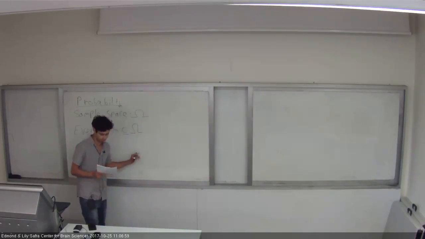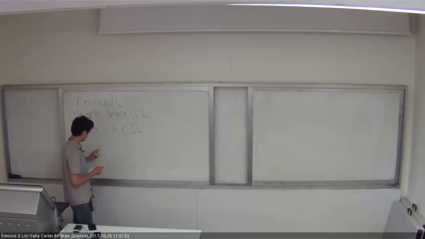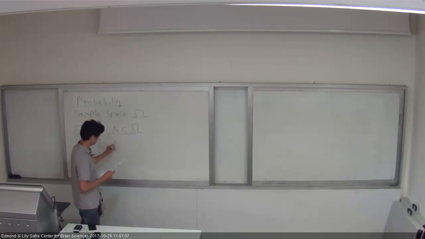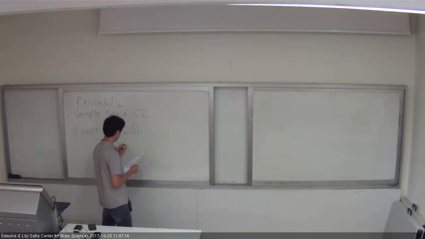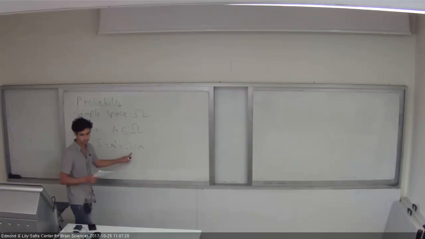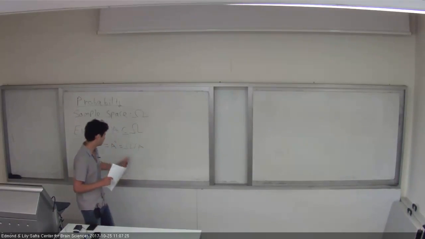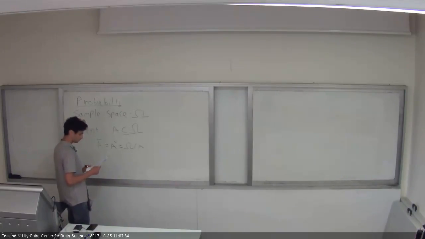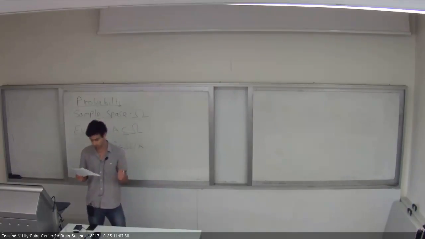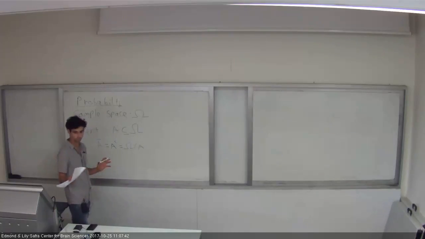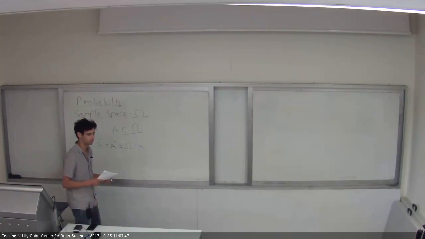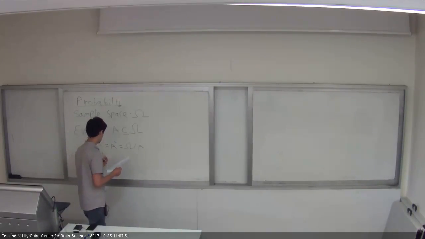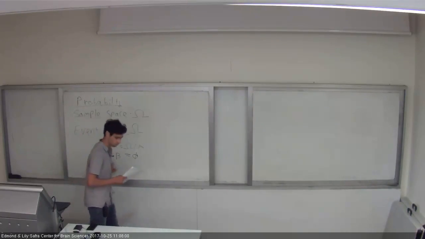Just a quick reminder about sets. We say that A bar, or sometimes A with C on top, is the complement of A, and basically it's the event that A did not happen: all the elements in omega that are not in A. Now if we have two events, A and B, we say that they are disjoint if their intersection, A intersection B, is the empty set.